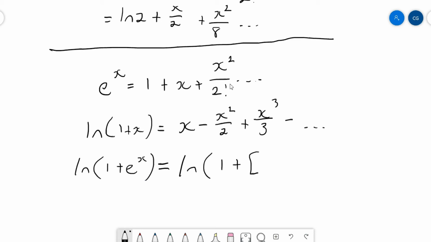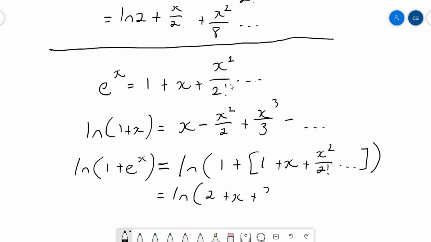If I were to replace e to the x with my approximation, I will have 1 plus x plus x squared over 2 factorial, dot, dot, dot. Remember, we only want the first three terms, so I don't really have to approximate any further than this. If I were to expand this, this will become natural log of 2 plus x plus x squared over 2 factorial, etc.